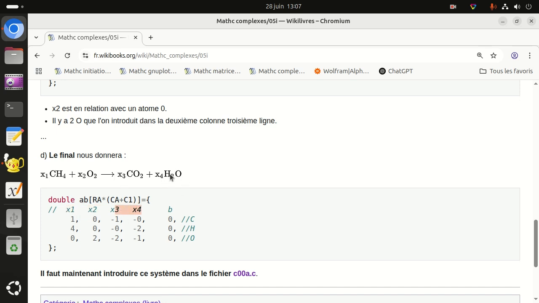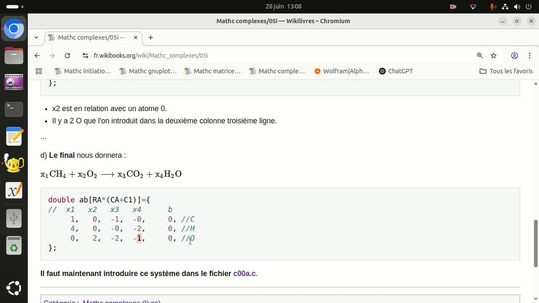Now it is the last element, the fourth element. I work with this fourth column. I have 2 hydrogen. I put 2 hydrogen with the minus sign because I am on the right of the chemical equation. I have 1 oxygen.